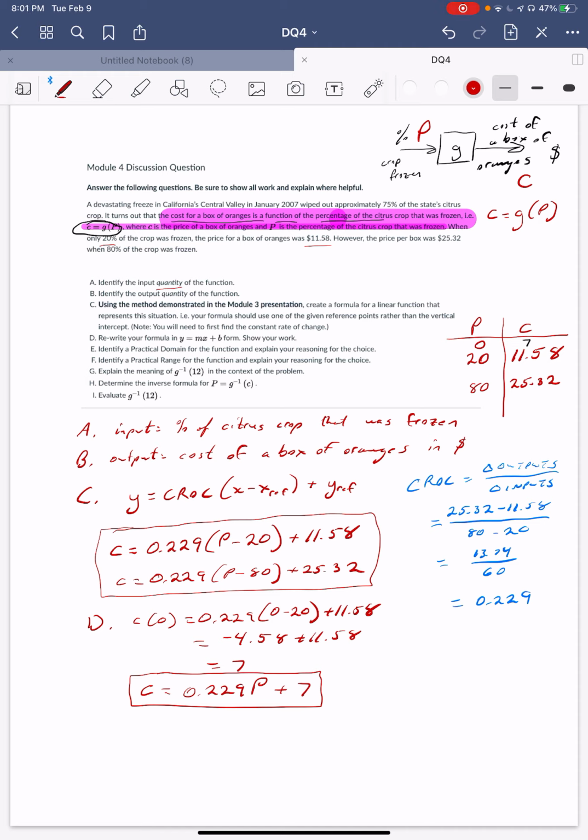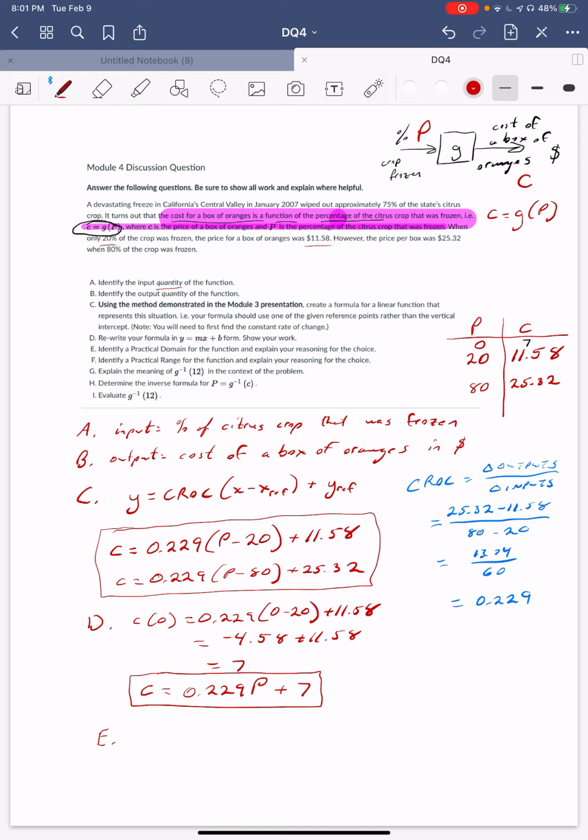So in our given situation, we're talking about inputs that are representing the percent of the citrus crop that was frozen. And so if you think about it, you can't have less than 0% of the crop frozen.